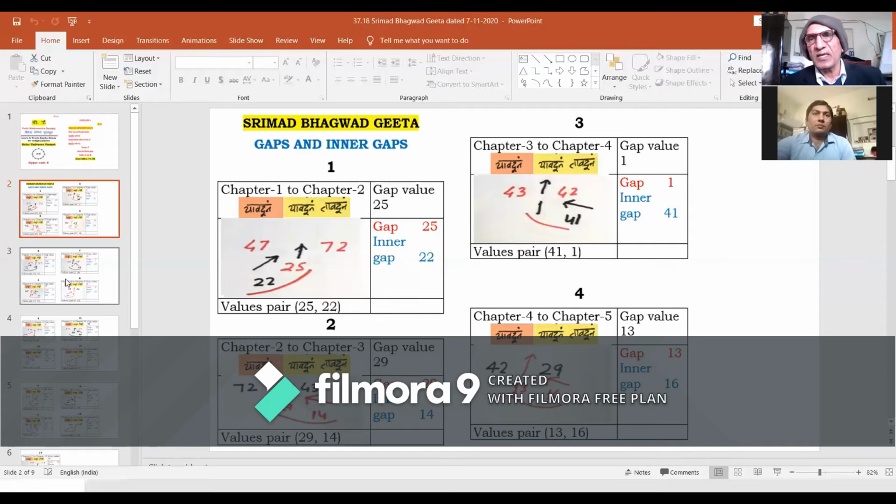The table 3 in a sequence is taking us to the gaps and inner gaps of chapter 3 and chapter 4. These come to be 1 and 41. The relationship of 1 and 41 is a very delicate relationship, as much as that Bindu Sarovar, the first component of soul syllable Om, being the first component, accepts value 1.